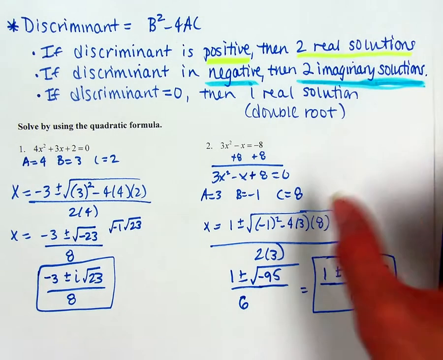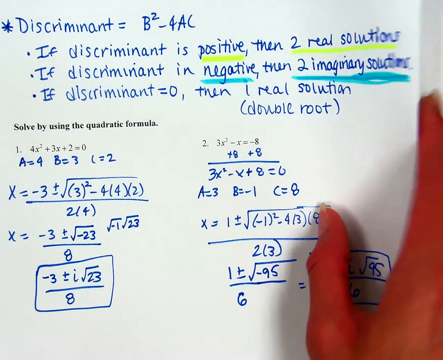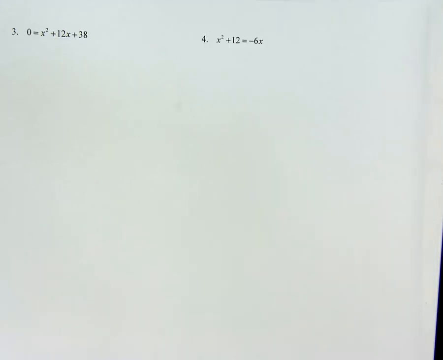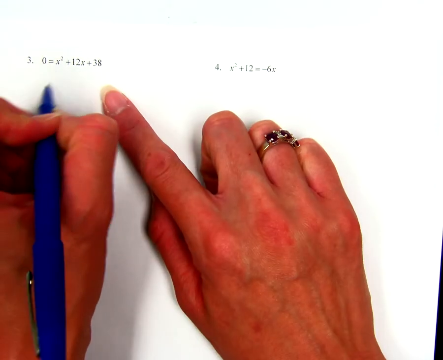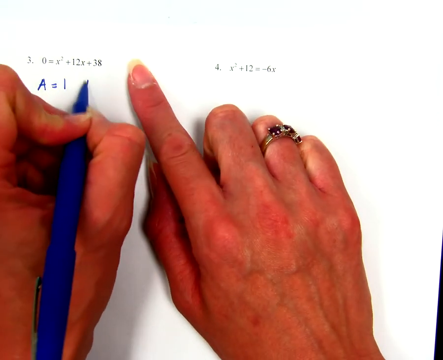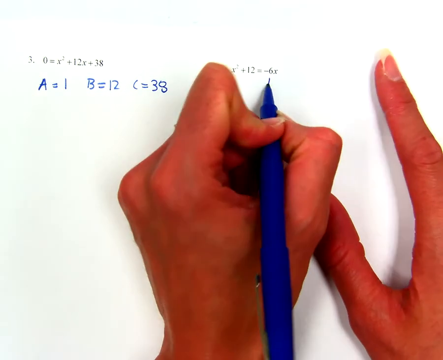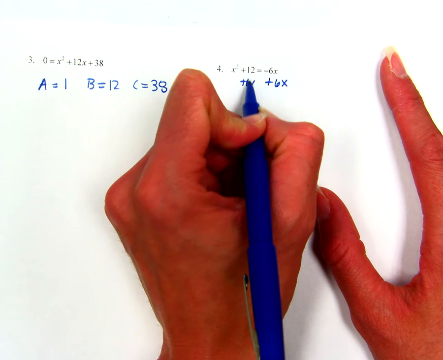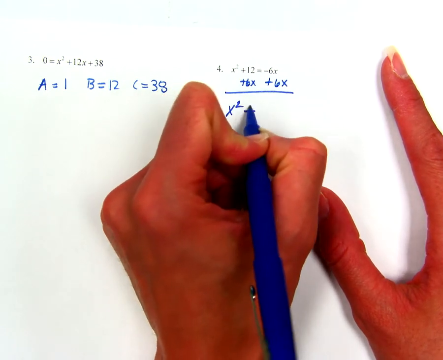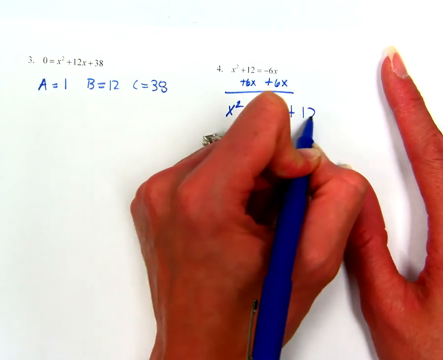All right, flip over to the other side. So the first thing you should do is, it's already equal to 0, so we can say a, b, and c. In this problem, we need to add 6x to the other side. Make sure you realize that the 6x goes in the middle here, and then the 12.